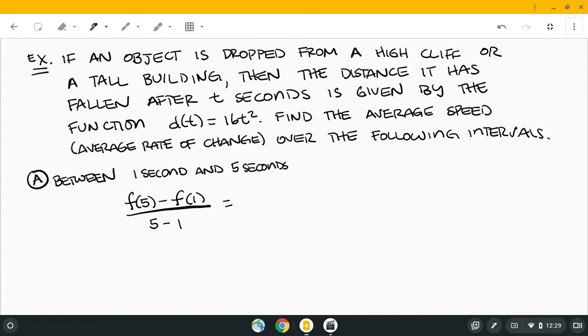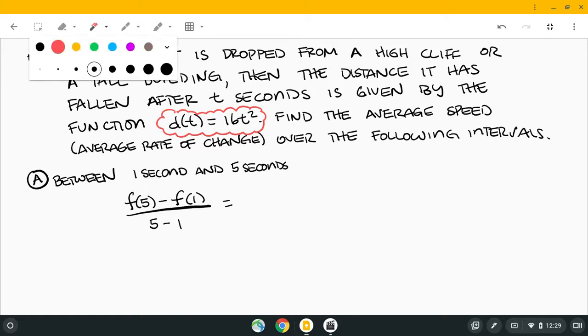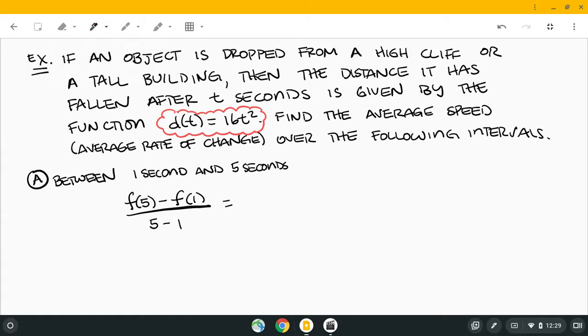Okay, so here is our function right up here. So that's where we're going to plug the 5 and the 1 into, okay? All right, so 16 times 5 squared minus 16 times 1 squared, all over 5 minus 1, which is 4.